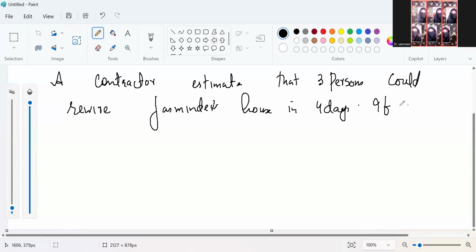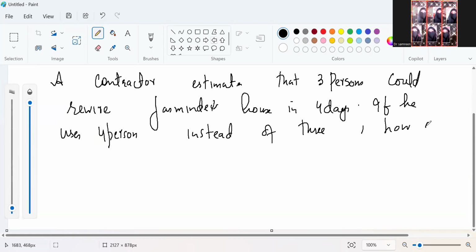If he used 4 persons instead of 3, that means then fewer days will be needed. How long should they take to complete the job?